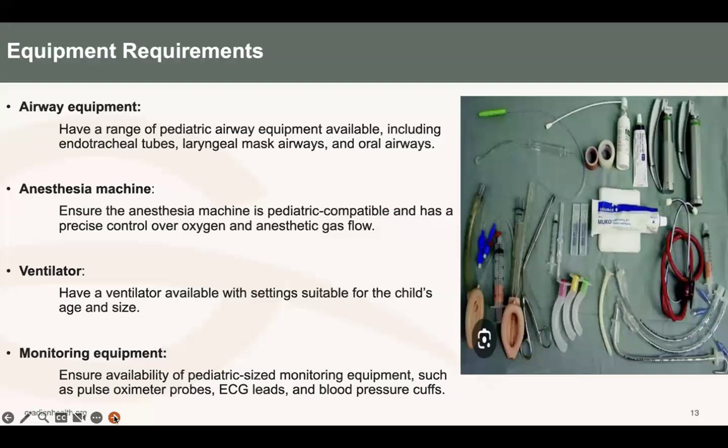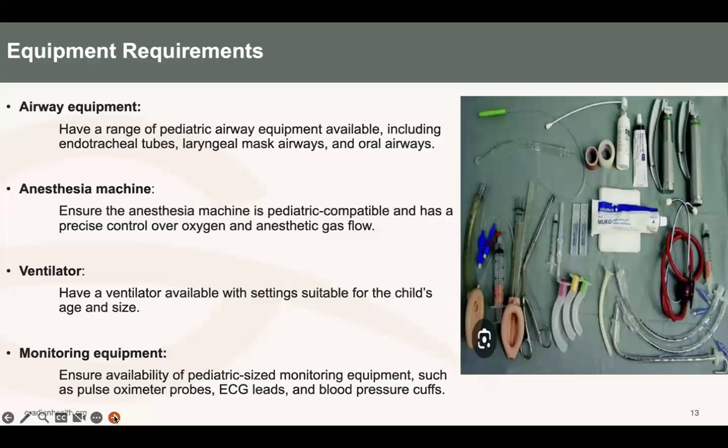In addition to this, the anesthetic machine. The anesthetic machine should not be prepared or set when the patient is already in theater. It should be preset before the patient comes. As you are pre-assessing the patient, you would have gotten the weight, and things like the volume you're going to use and the pressures will be guided by the weight of the patient.